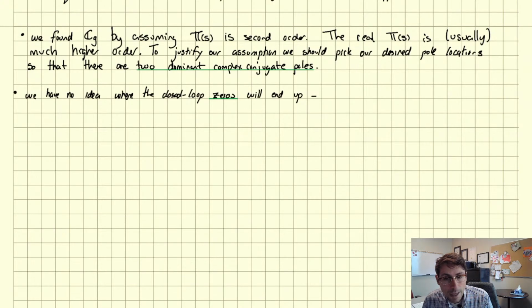Okay. And that means essentially that you don't know what's happening exactly in the frequency domain, right? Because we know that Bode plots depend on poles and zeros. And so this is a significant practical limitation.